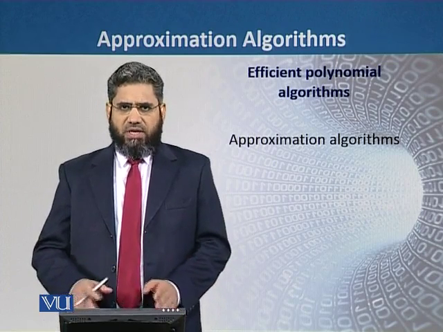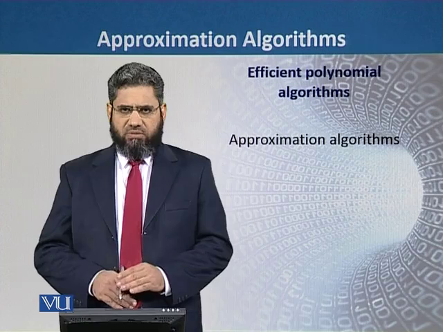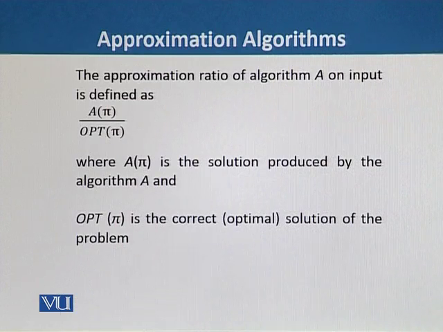So we will see how these approximation algorithms work. The approximation ratio of algorithm A on input π is defined as A(π) over OPT(π). This is an approximation algorithm, and it does not give us the optimum output after receiving an input.